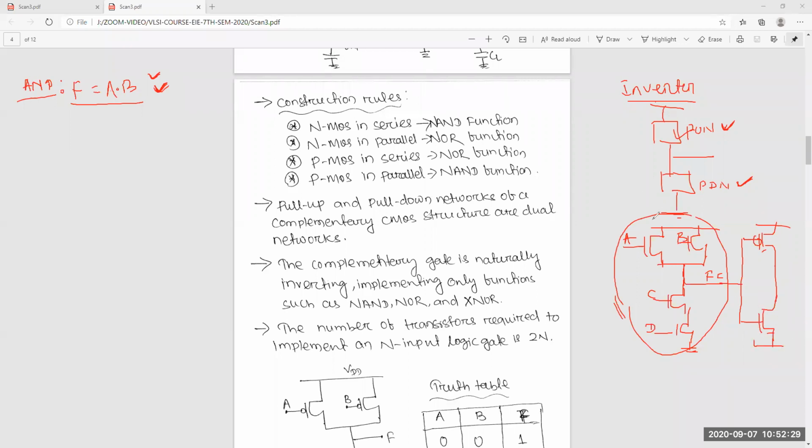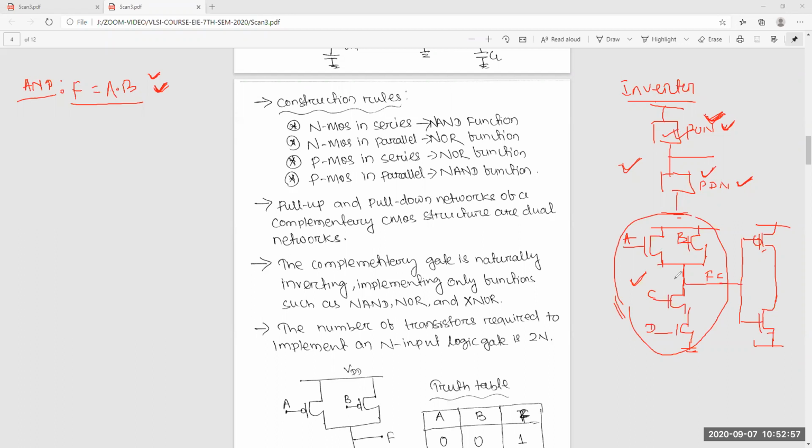Okay, we'll discuss this. But I said for inverter, the NMOS and PMOS are in series. In PUN, which device will connect? PMOS. So one device will be here.